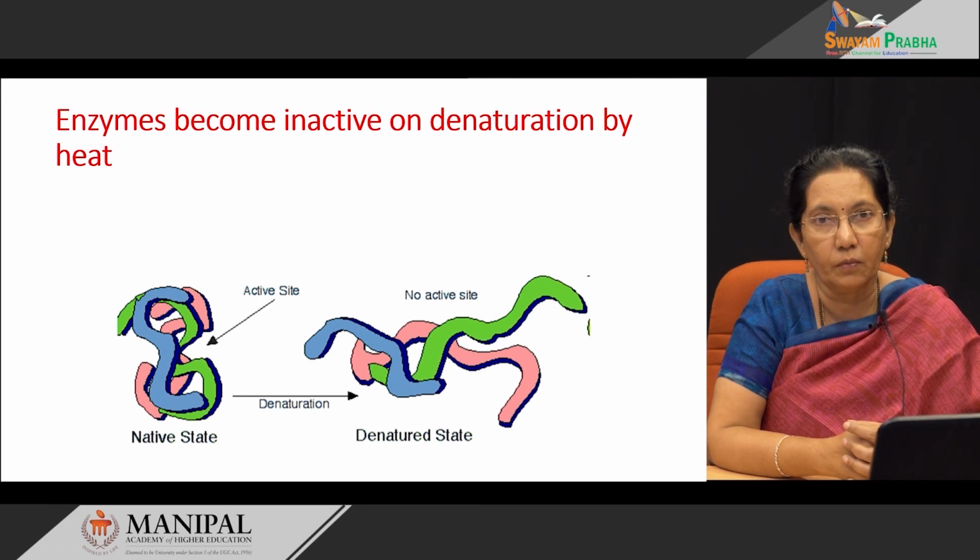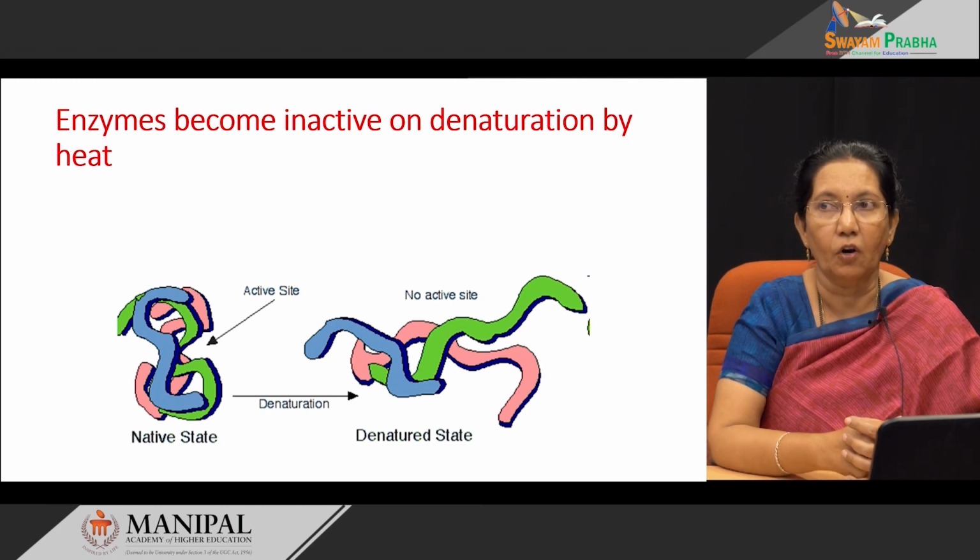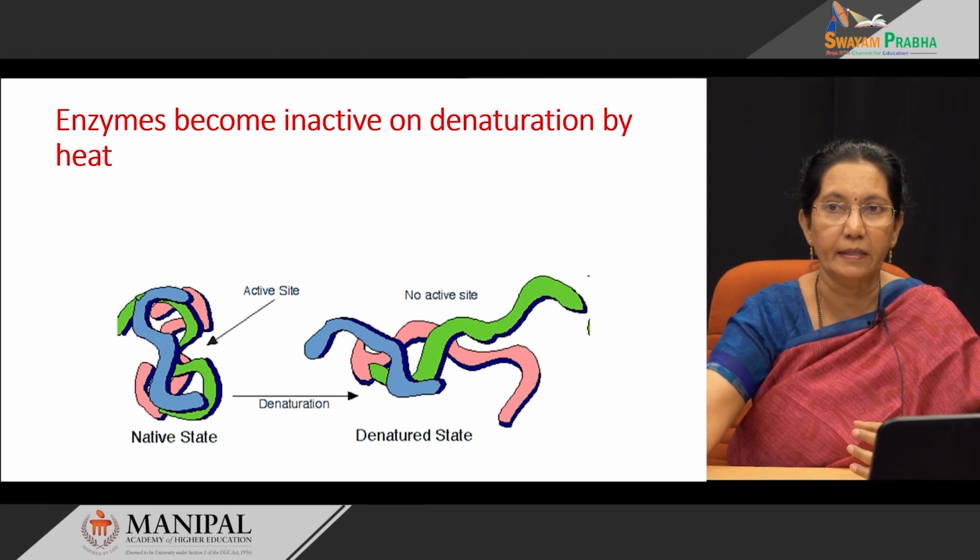In doing so, that protein gets denatured. Similarly, when enzymes get denatured, they lose the configuration of the active site. When the active site loses its shape, it cannot bind to a substrate, and therefore, we say that enzymes become inactive on denaturation by heat.